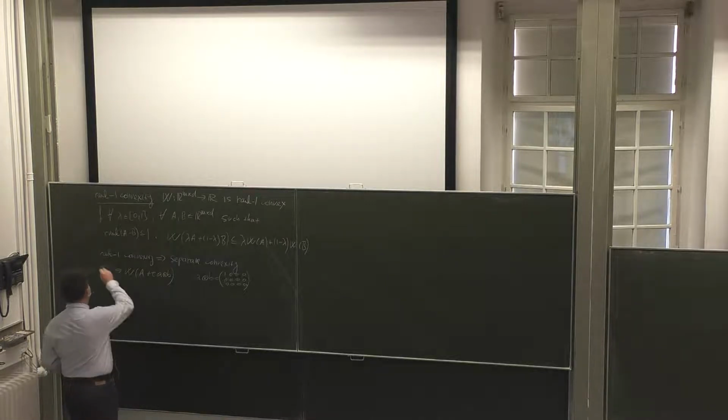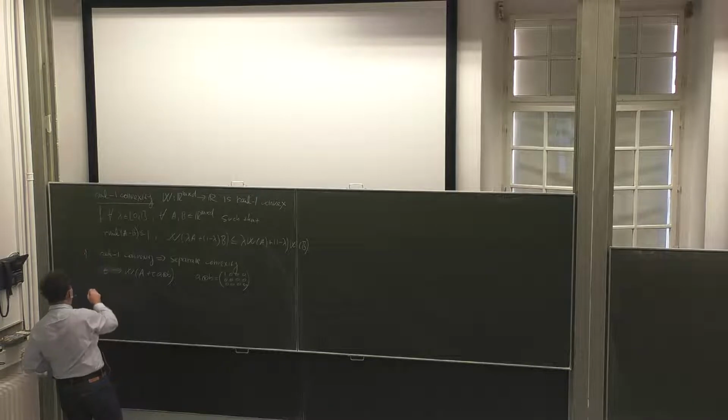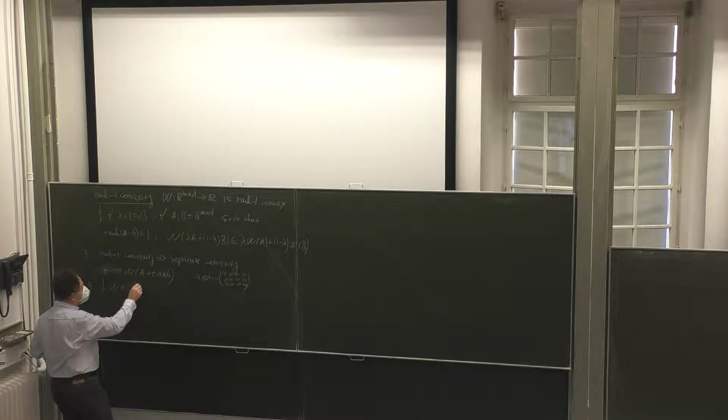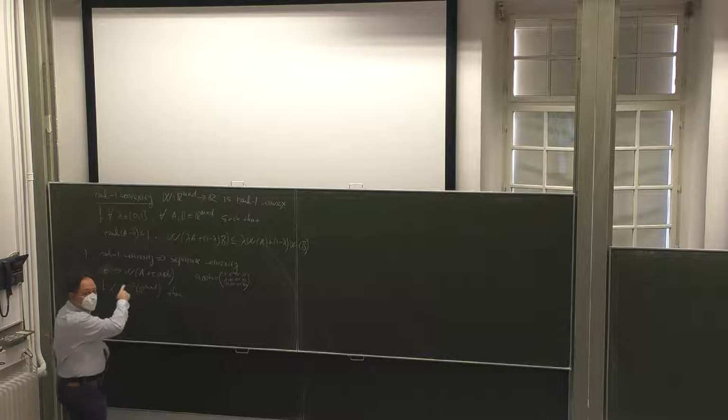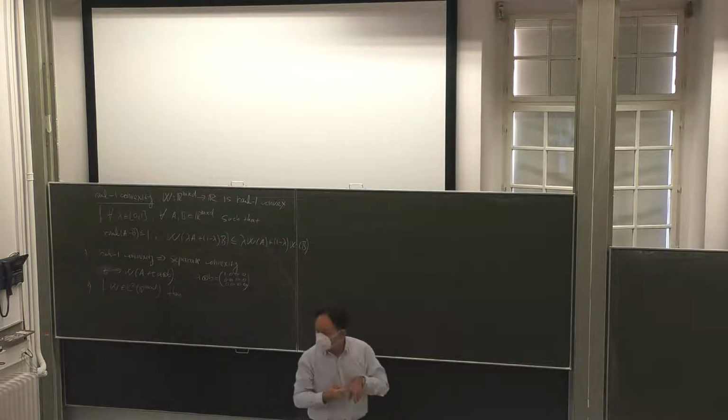So maybe this was point 1, and the point 2 would be that if W is C2 on matrices, then you can differentiate this relationship. So you write this as a function of t for given A and given little a and little b.